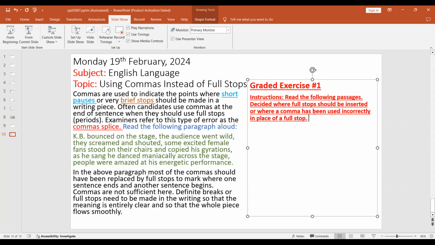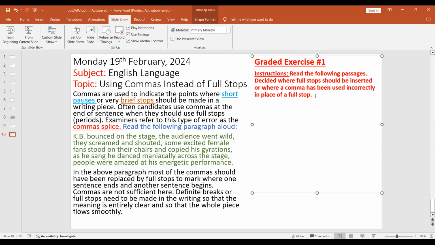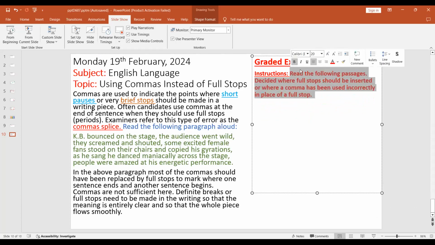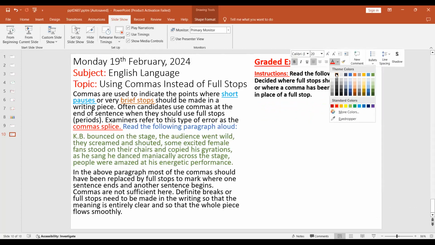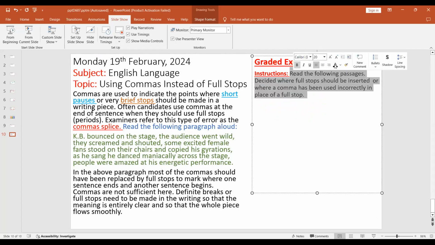Okay, so for these ones, I need you to write down the correct version of it. So just write down the correct version. So what did I mean? I'm going to put the incorrect version, but I want you to put inside of your writing the correct version so that you wouldn't take too long writing and rewriting it.